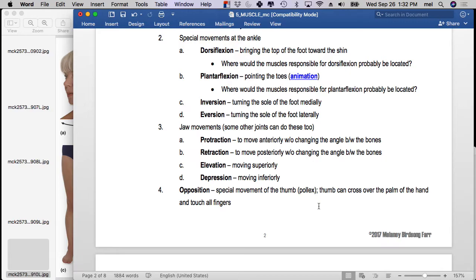Where is it going to be? Anterior surface. Yes? It has to cross the ankle. Do you see? That now when you run into a muscle like the tibialis anterior, what is your immediate thought about its functionality? Dorsiflexion, right? And it's probably going to do that, and it does.